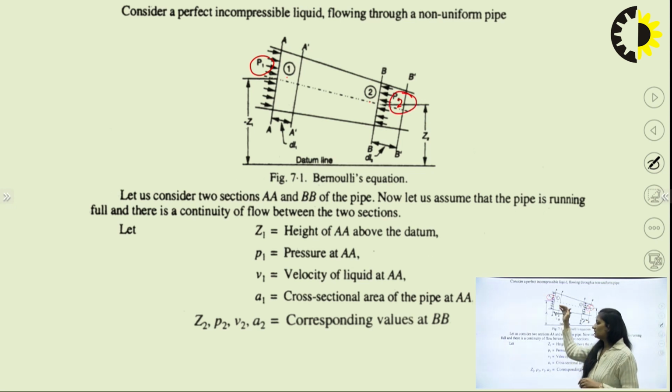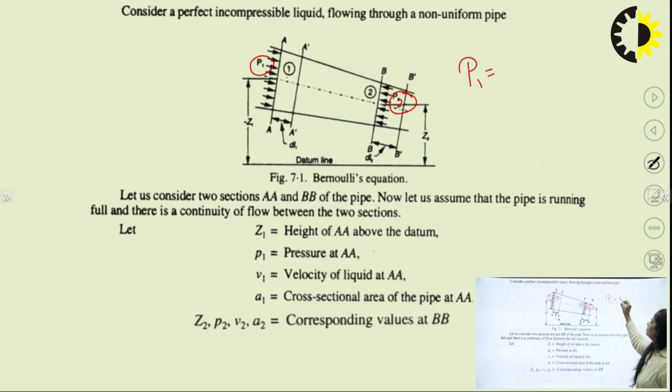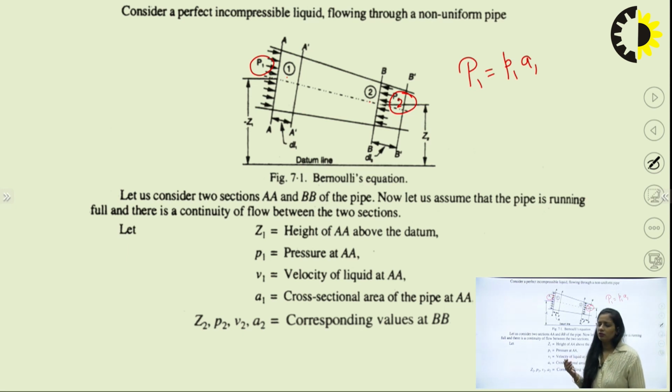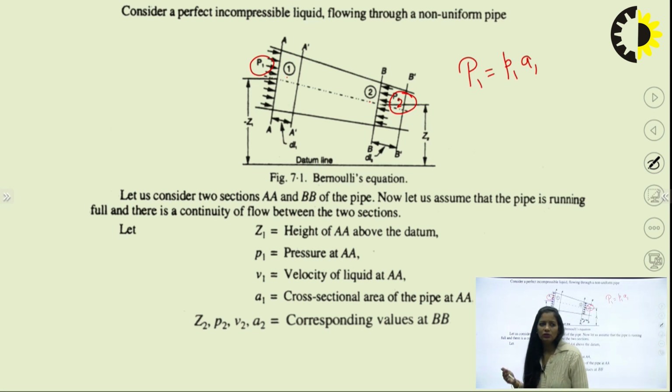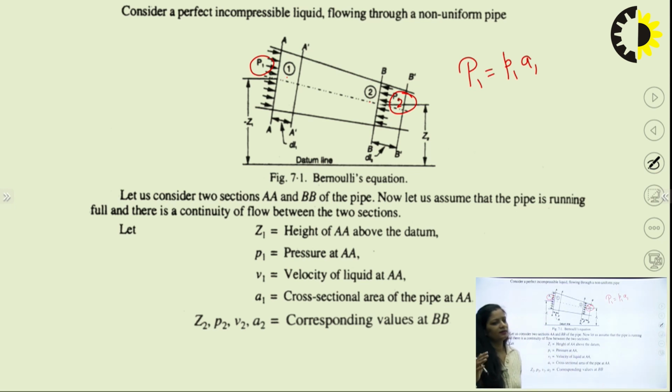Also, we have considered the datum height of both the sections. Now, if we write the equation for pressure force, you know very well that pressure force is equal to pressure intensity multiplied by the area of the pipe. If you have the pressure force and need to convert it to pressure intensity, it is divided by the area of the pipe.